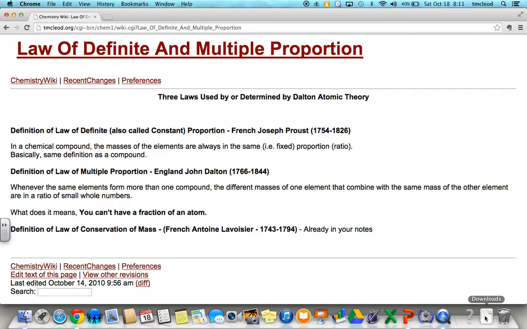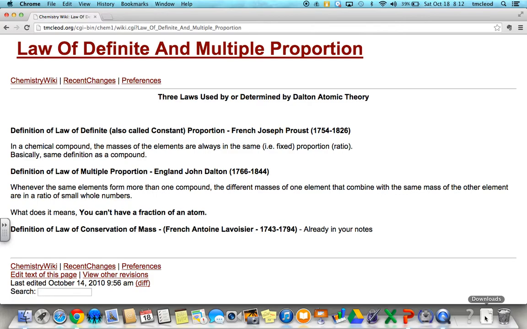So, this handout here explains two different laws besides the law of conservation of mass, and one's the law of definite or constant proportion. That's with a guy named Proust. You can read what the definition is. Again, it comes from Dalton's atomic theory that says that atoms, since they're indivisible, when they come together to form these things we call compounds, they must come together in a fixed whole number ratio.